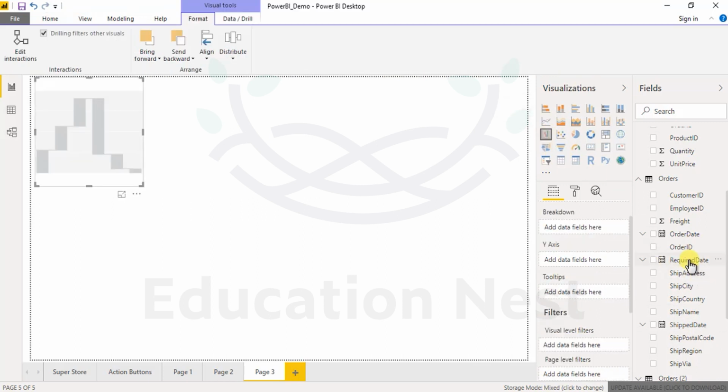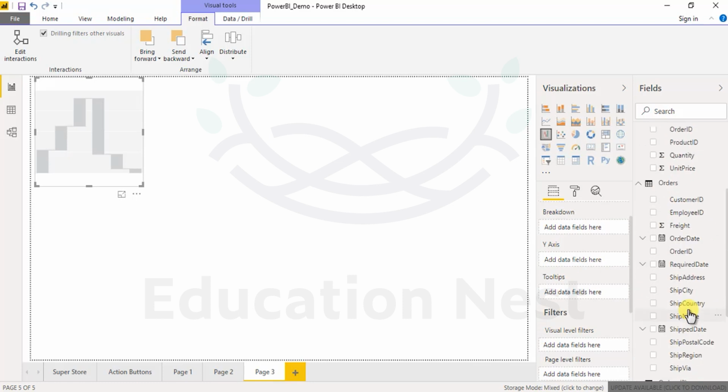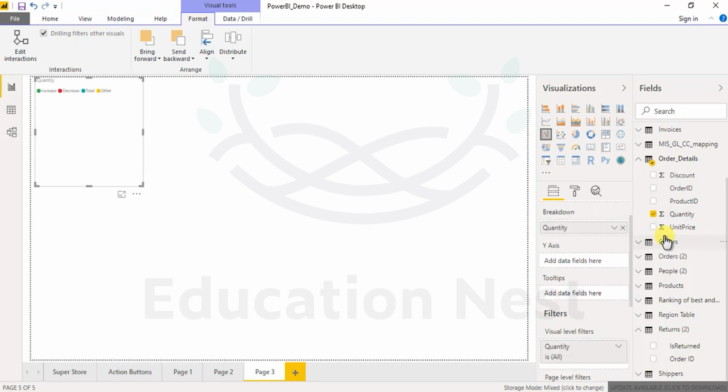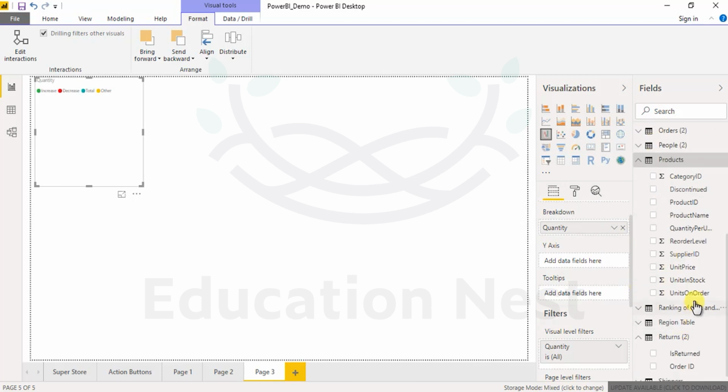In that waterfall chart, revenue is not there, so let's have unit quantity over product. If I go into the products table and take product name, what is the breakdown of the quantity?